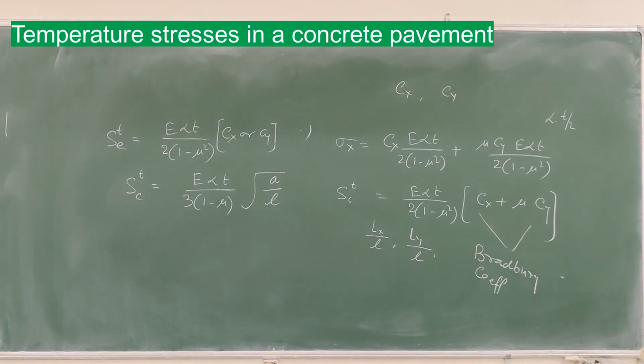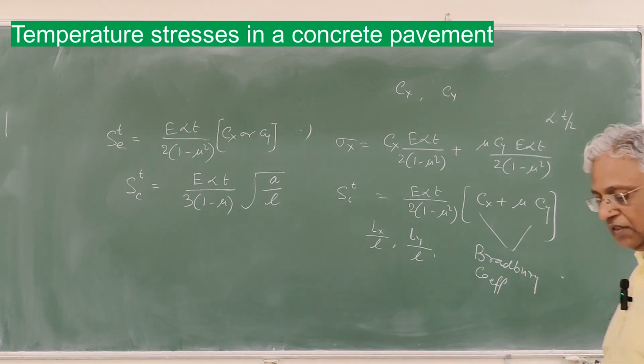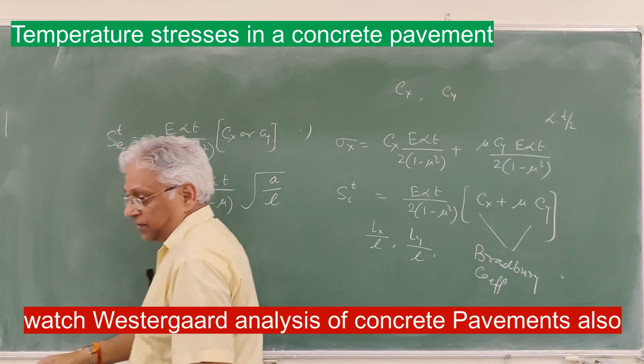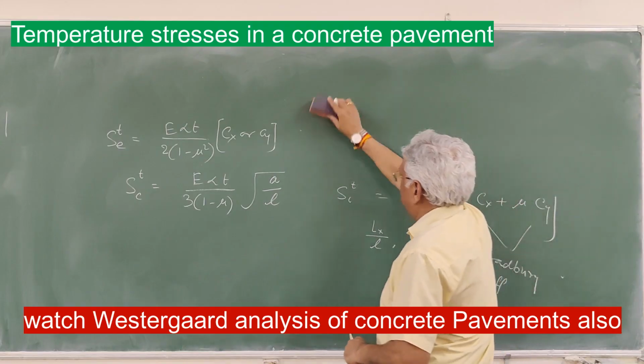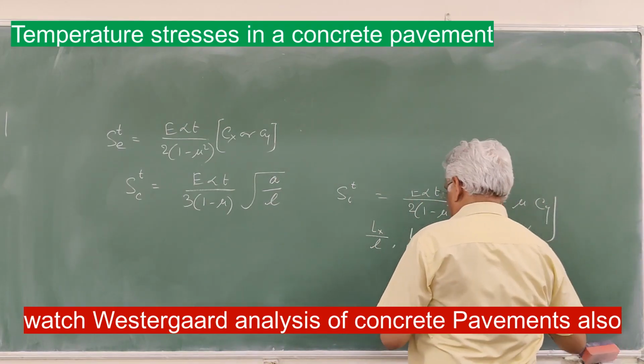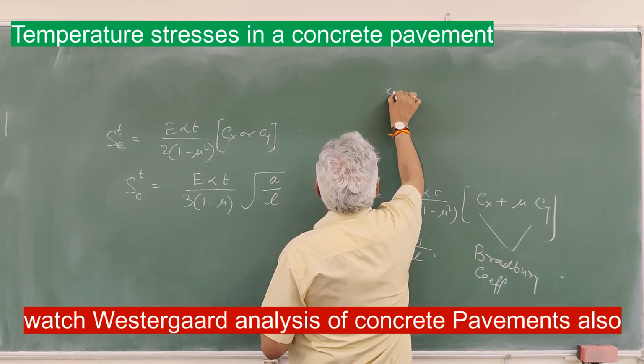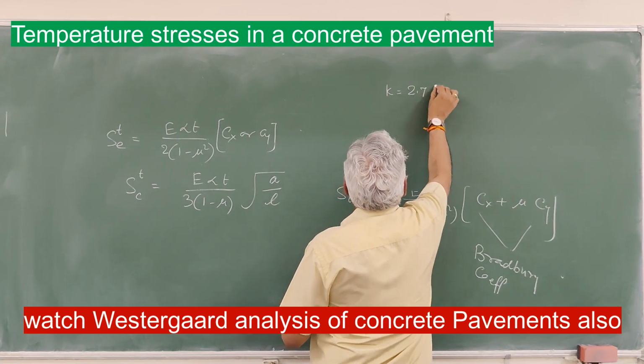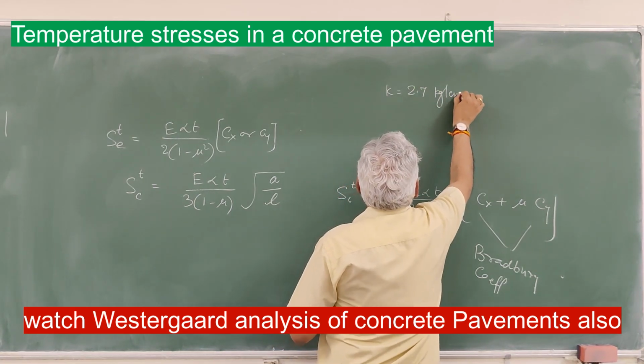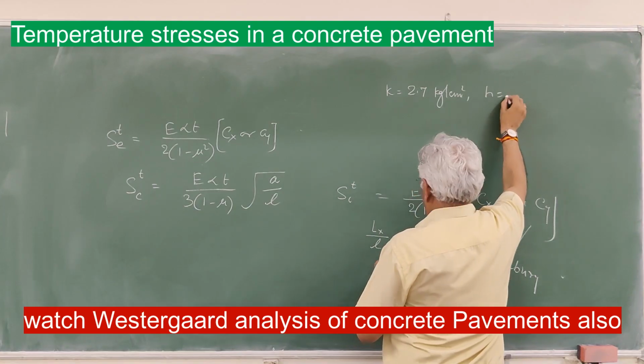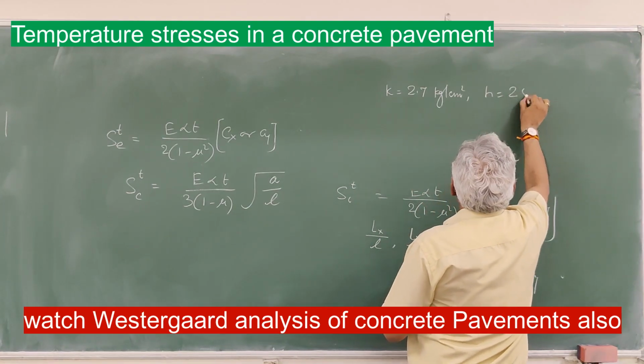concrete pavement. Now let me take the same example which we considered earlier in my first session. How do we calculate temperature stresses? The example was like this. There is a concrete pavement with K value 2.7 kg per centimeter square. Thickness of the slab is 25 centimeter.